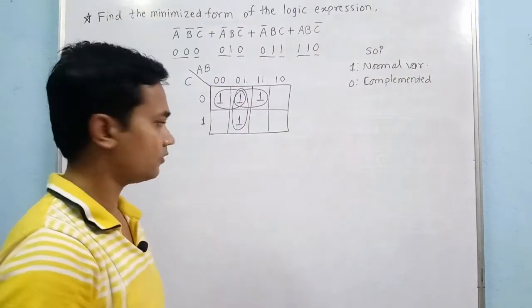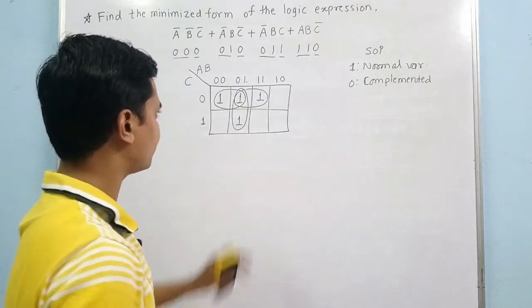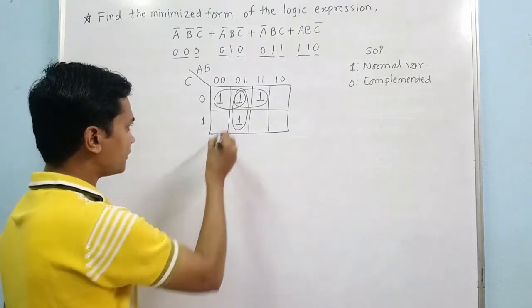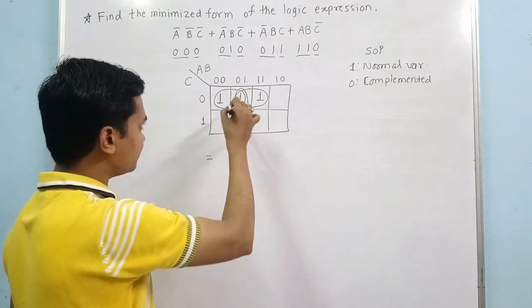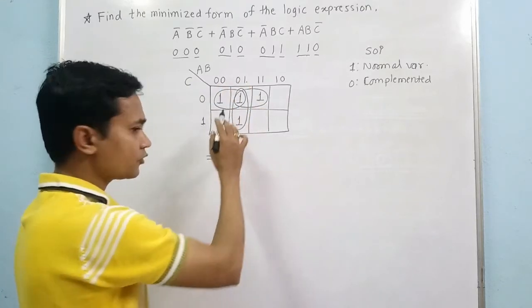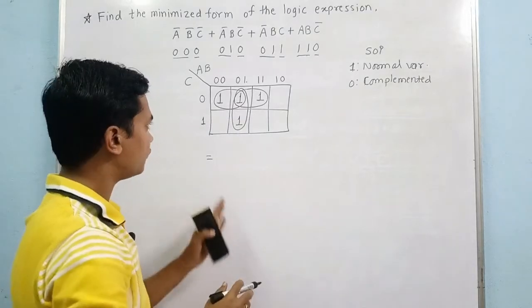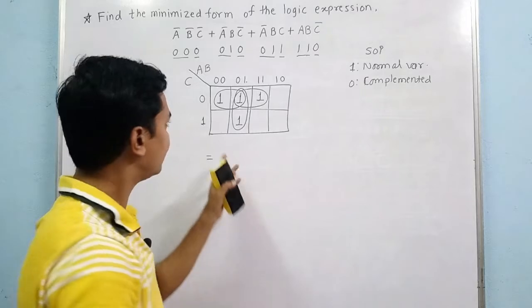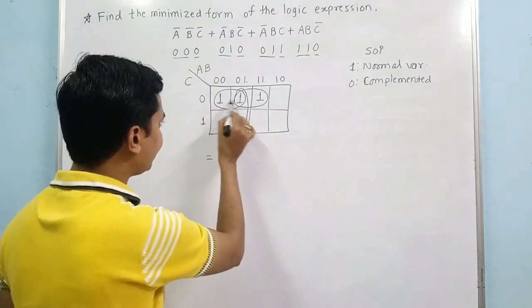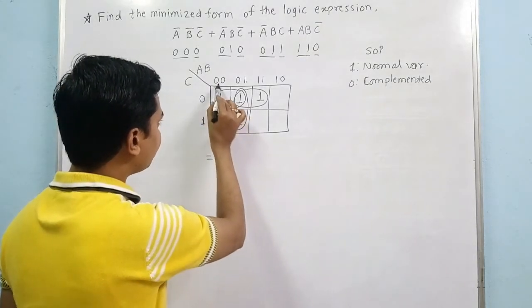Now we have to write the terms. Consider the first group and write its term. We only consider the common bits. From this group, which bit is common?